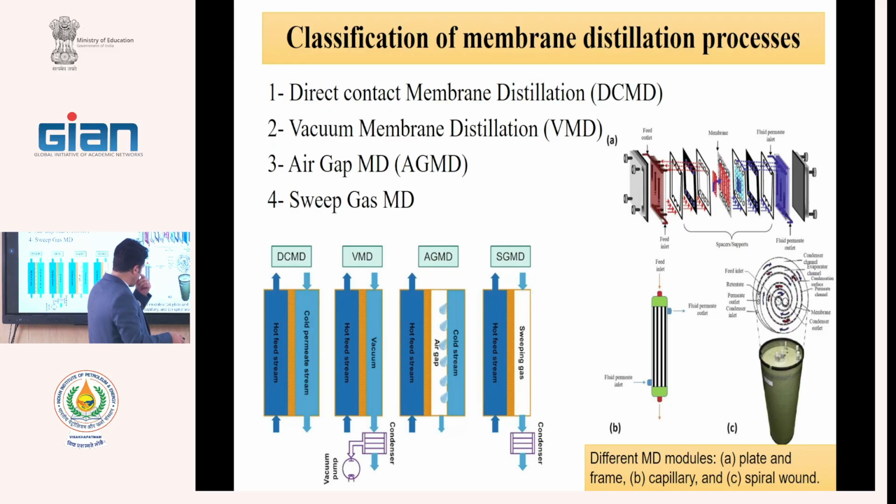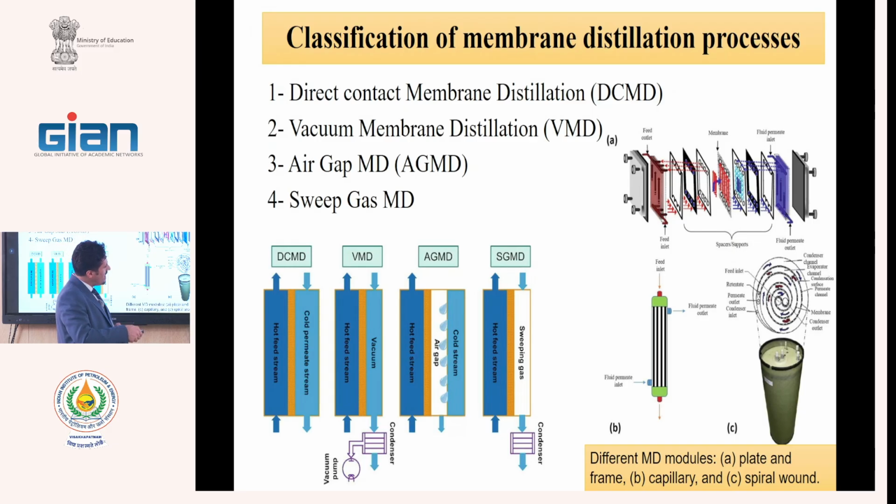In the second category, we have a vacuum. We have a hot stream on the feed side, and every permeated vapor is sucked to the condenser and changed to liquid.